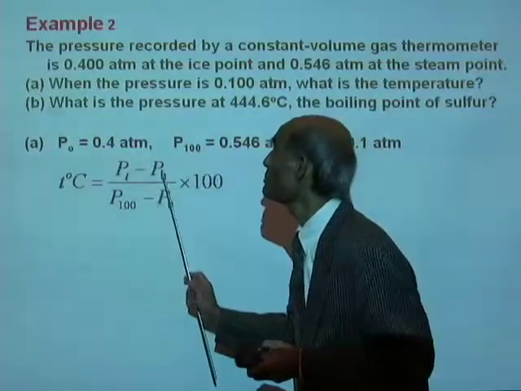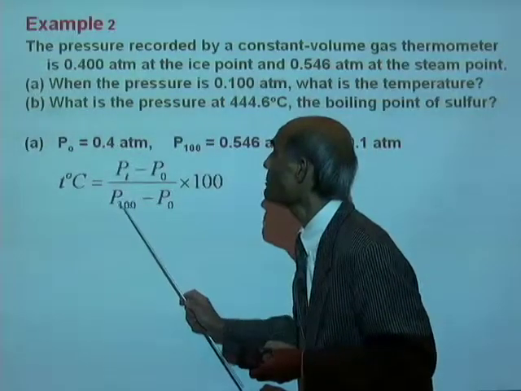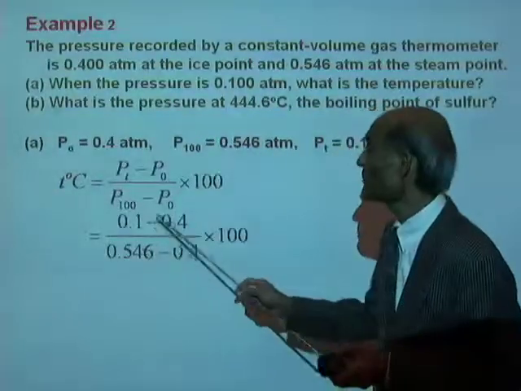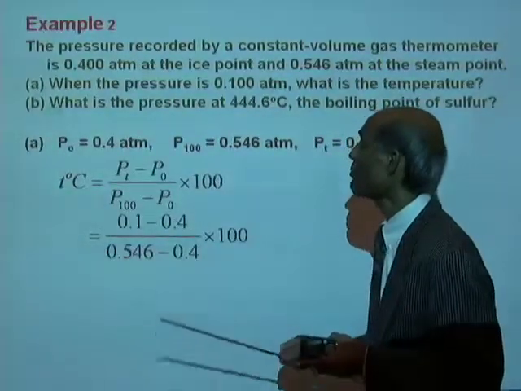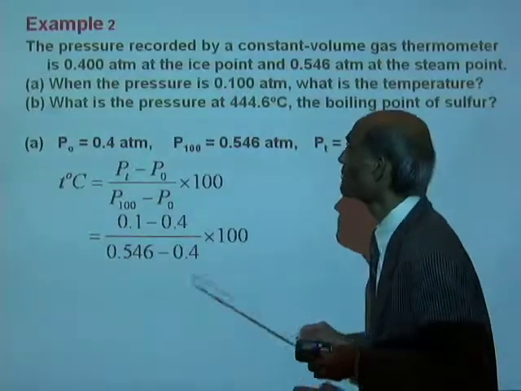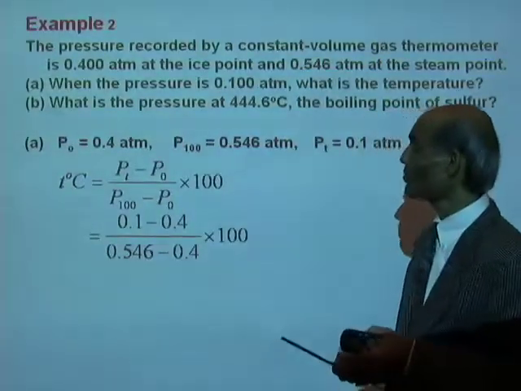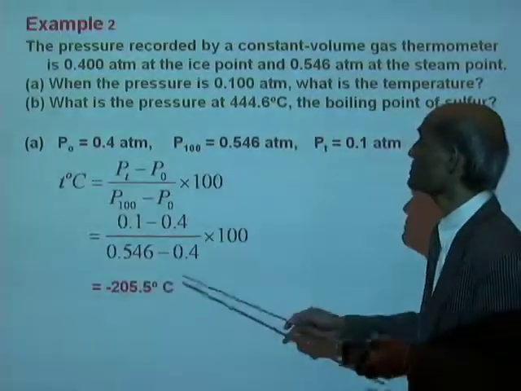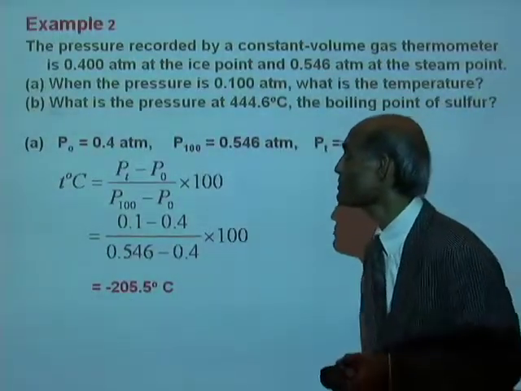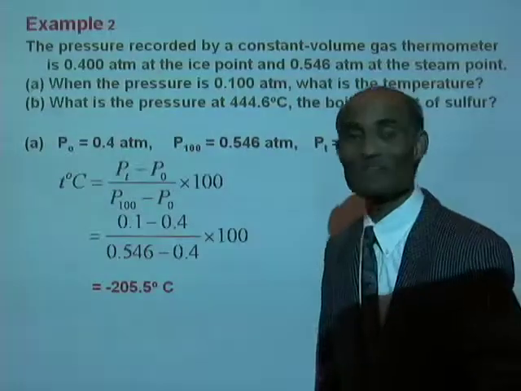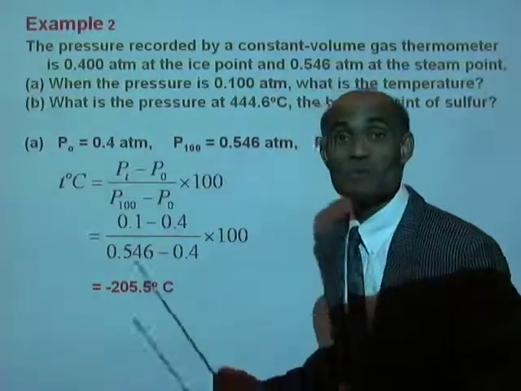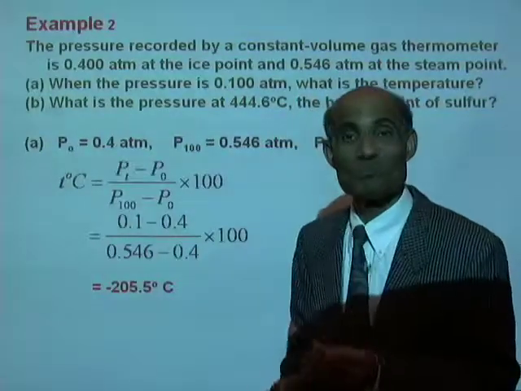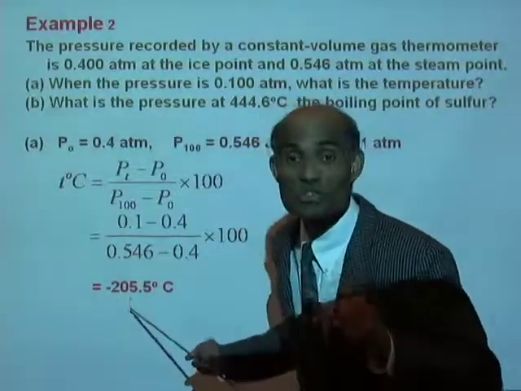So I can use P0, PT and P100 all in atmospheres. So that will be (0.1 minus 0.4) over (0.546 minus 0.4) multiplied by 100, and that's equal to negative 205.5 degrees Celsius.